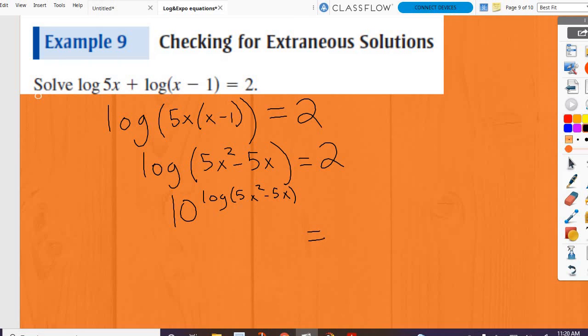And then what do we have on the right side? 10 to the second, which will be 100. But be careful on that right side, because a lot of people just want to write 2. Okay, but remember, what I do to one side, I have to do to the other side. So if I make this a power of 10, I have to make that a power of 10 as well. So we end up with 5x squared minus 5x equals 100.